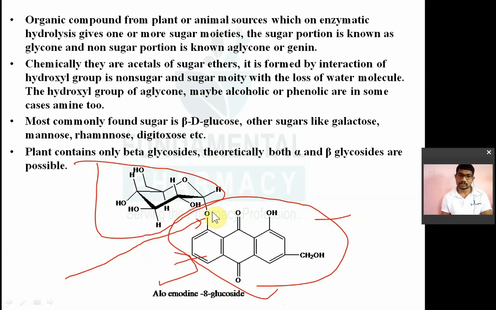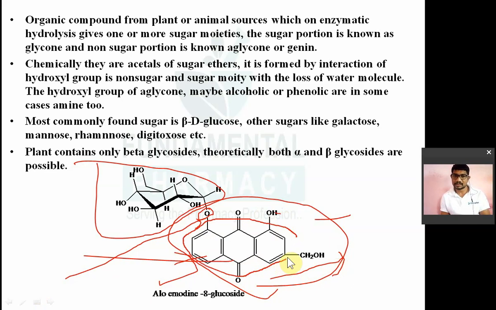During the formation of the glycosidic bond, oxygen may be there, there may be a carbon, there may be a sulfur atom, there may be a nitrogen atom. So depending on that, different glycosides are classified, like C glycosides, O glycosides, N glycosides, S glycosides. And depending upon the nature of the aglycone part, they are also classified depending upon the nature or structure of the ring present.